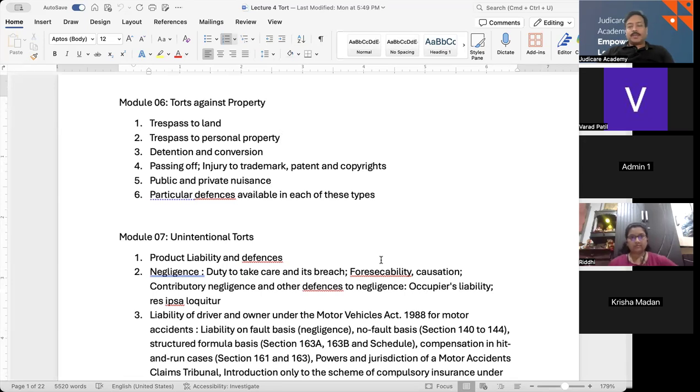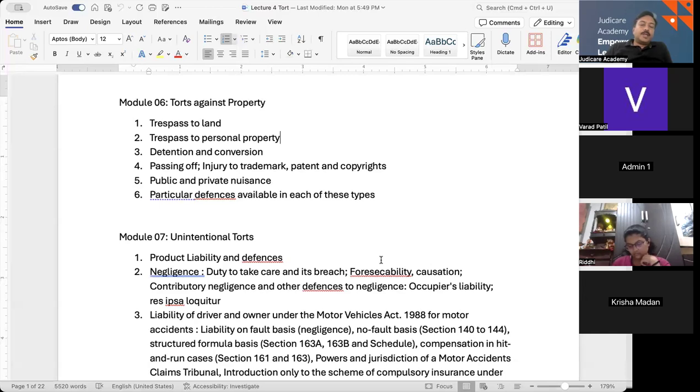Tort against property. Basically, the definition of tort against property is any tort which happens against property, which is a legal wrong that interferes with the individual's right to own, use, or control their property. Anything which stops them from owning, using, or controlling their property.